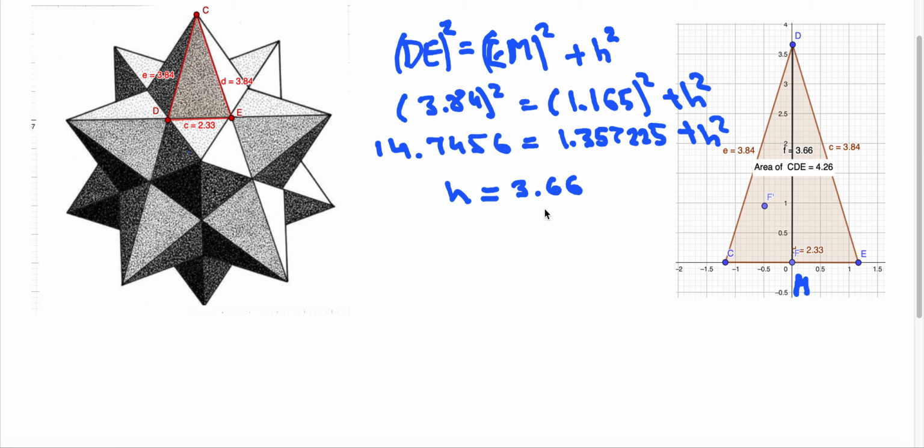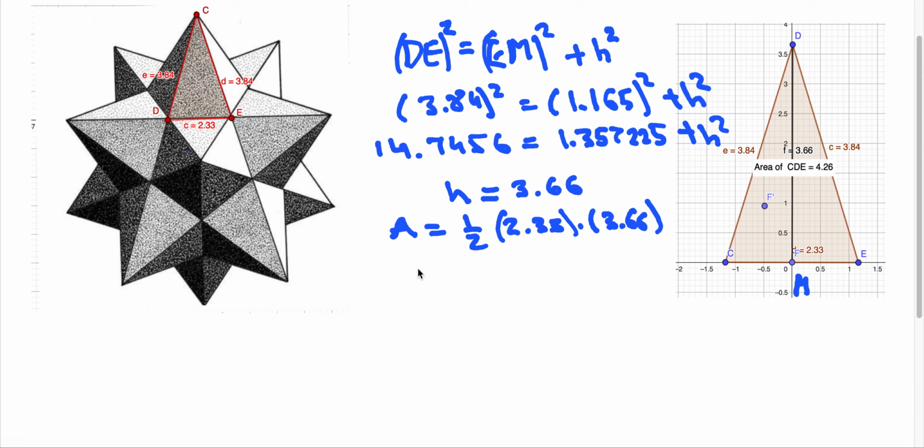To find the area of one triangle, we write 1 over 2 times the base, which is 2.33, times the altitude, which is 3.66.